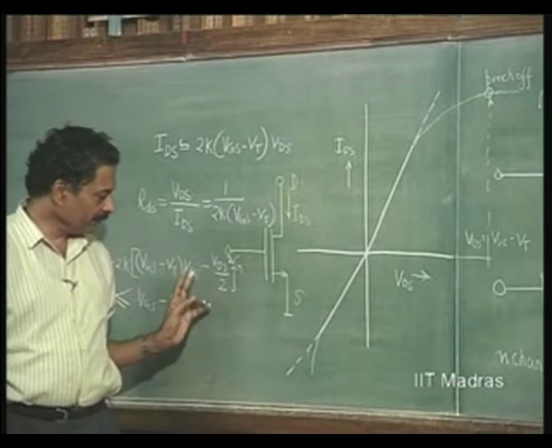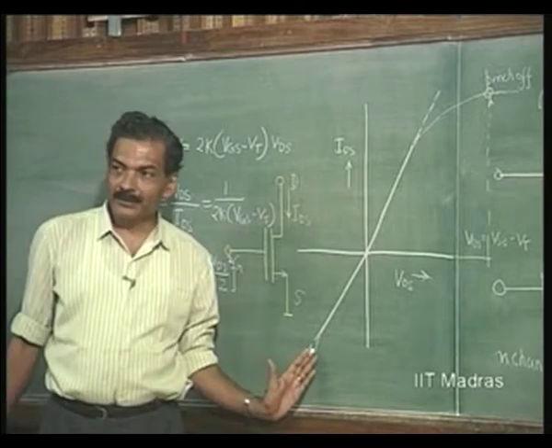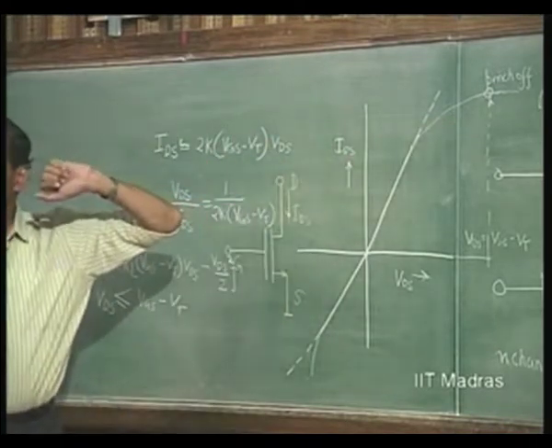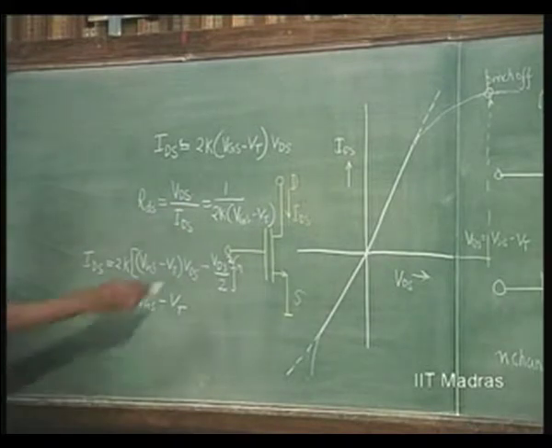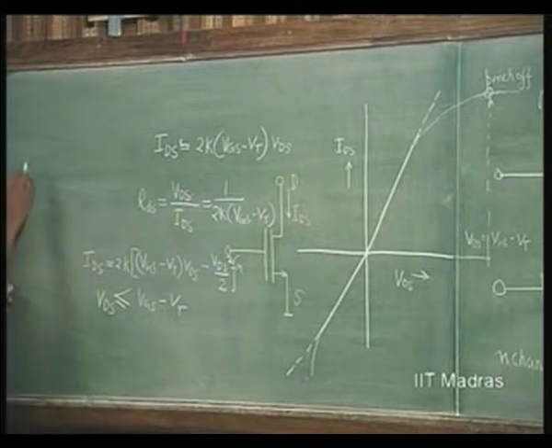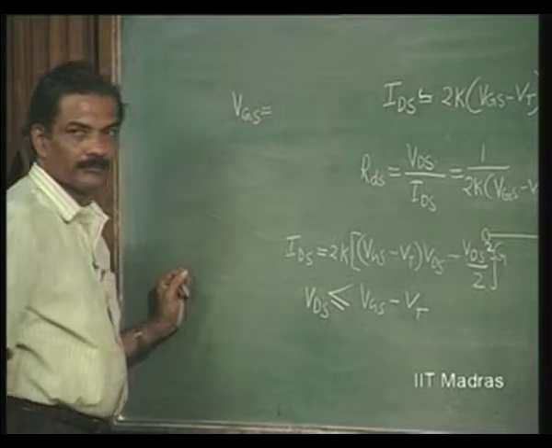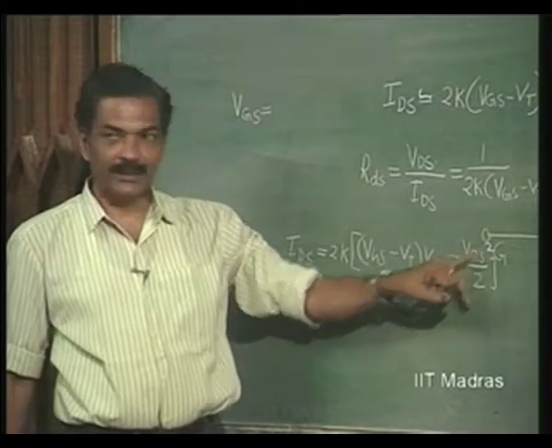So, the current increases here, the current gets saturated there because of this nonlinearity. Now, how to get rid of this? Suppose I make VGS equal to, I want to get rid of this VDS.